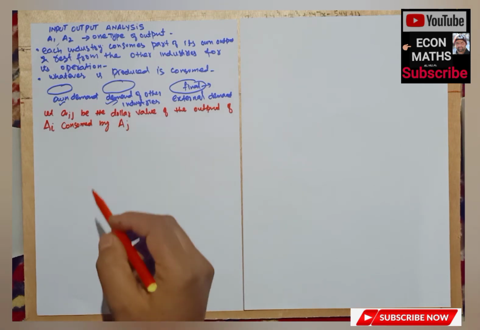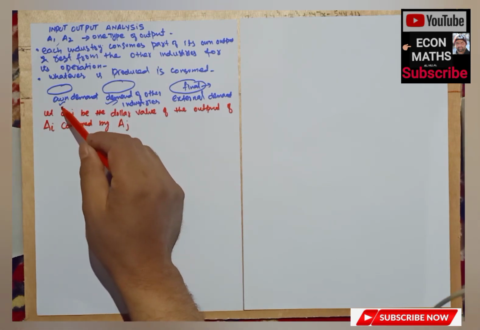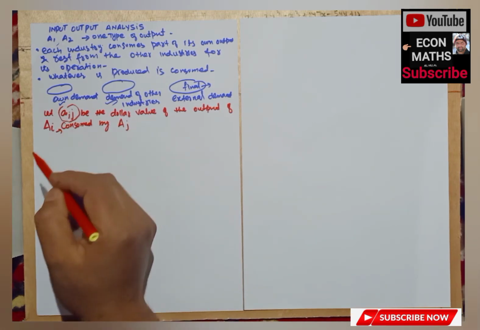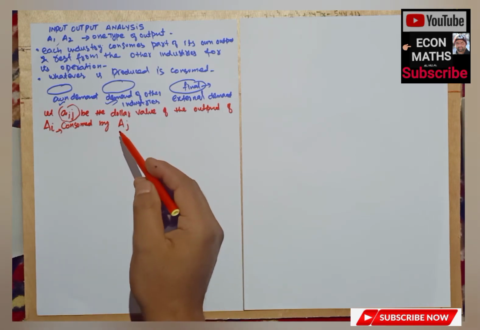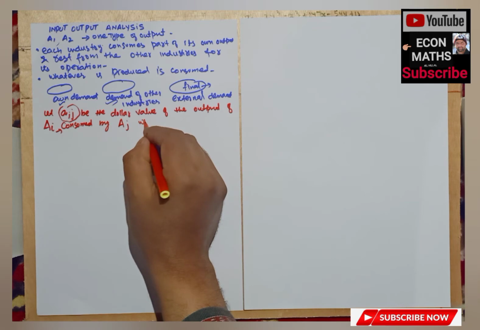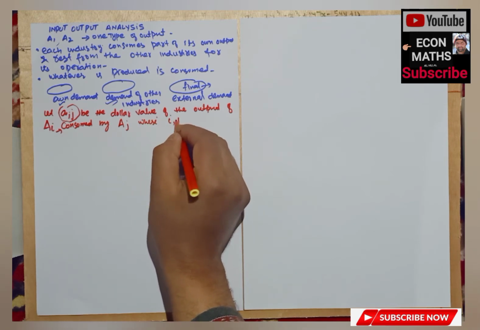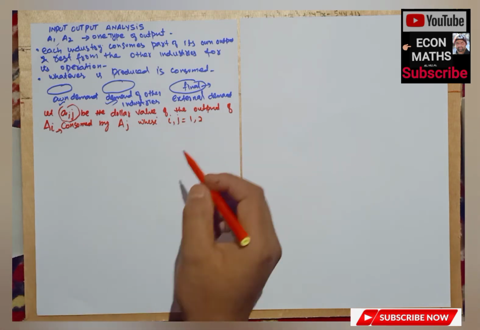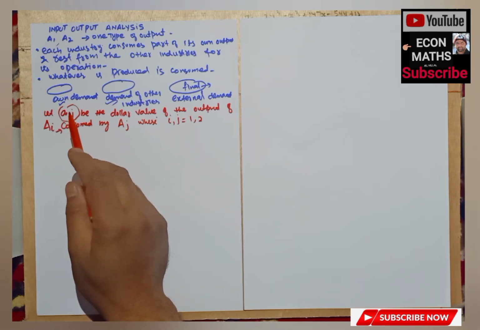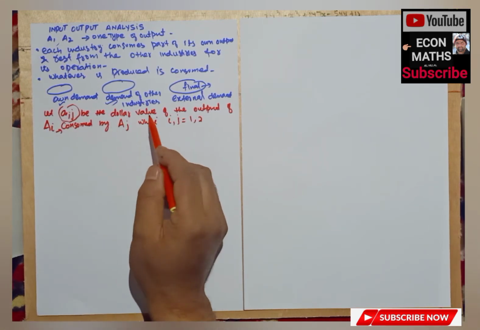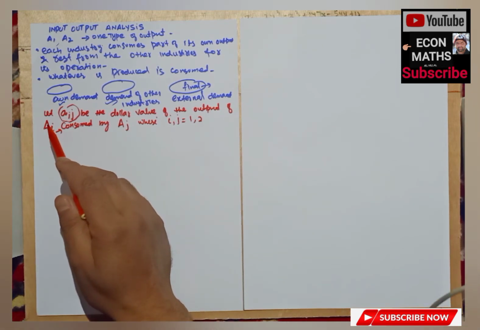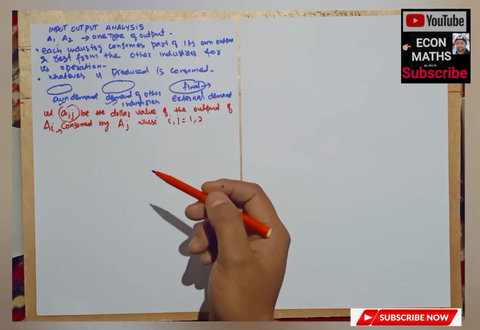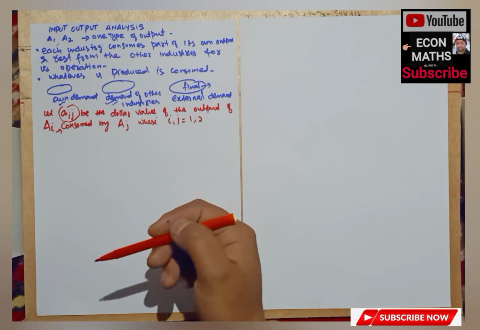That is, we say that this A_ij denotes the dollar value of the output of the A_i industry consumed by A_j industry, where i, j is equal to 1 and 2, because we are taking the two industry case here.